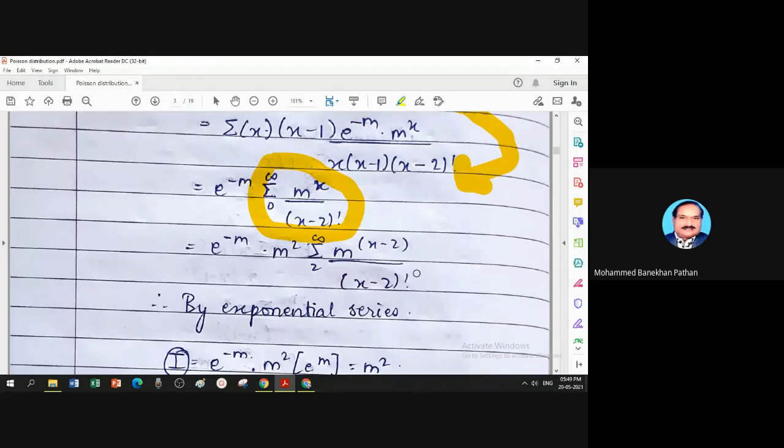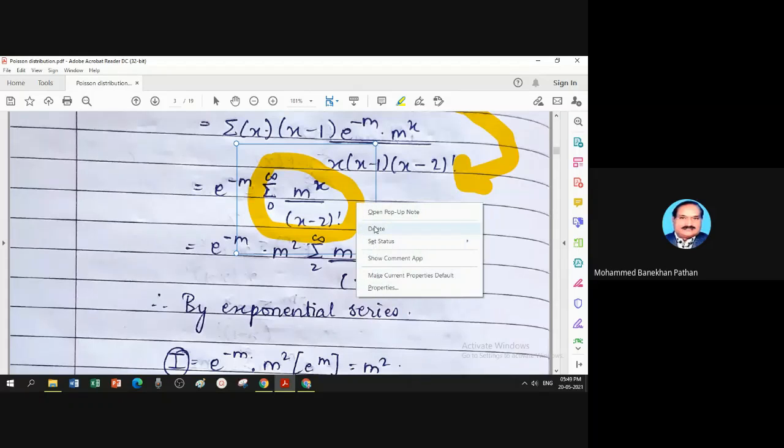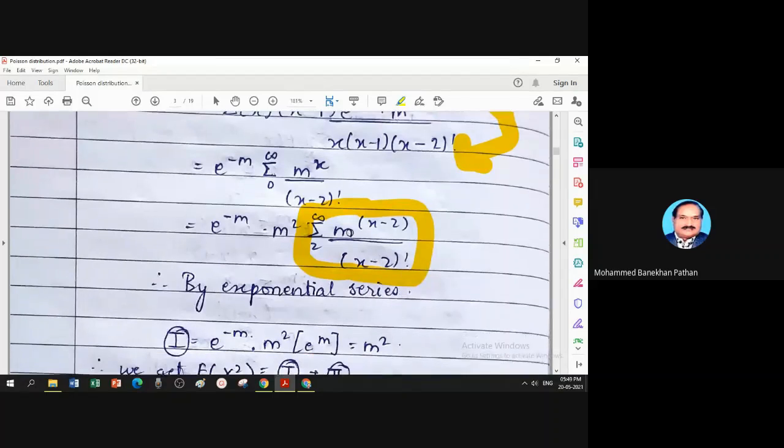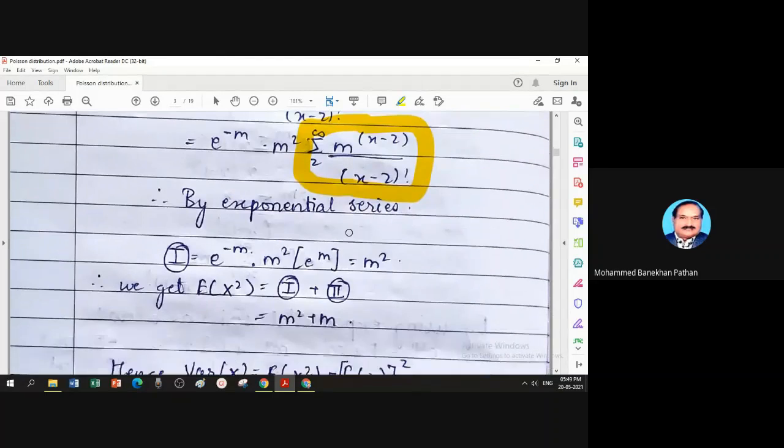This is your adjustment. Now you can see this is exactly your exponential series format. So the answer of this yellow circle is e raised to m. Therefore, 1 equals e raised to minus m, m square, e raised to m. E raised to m cancels with e raised to minus m. Result is m square.